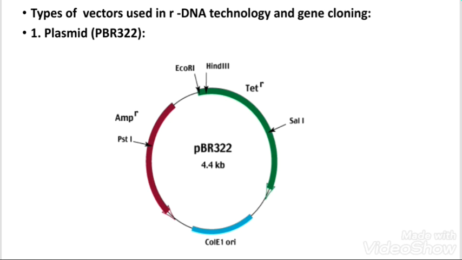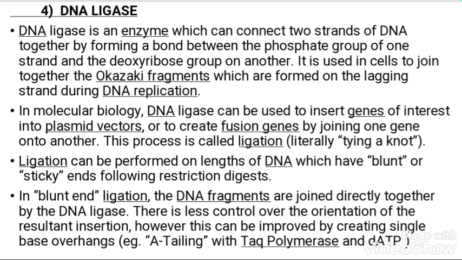Students must know that the two artificial plasmids are pBR322 and pUC101. pUC101: plasmid University of California. U means University, C means California, 101. So pUC101 and pBR322.